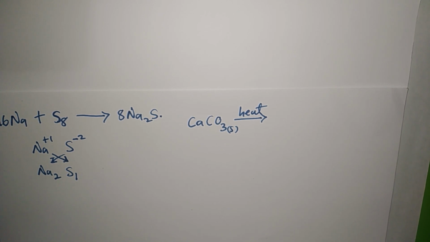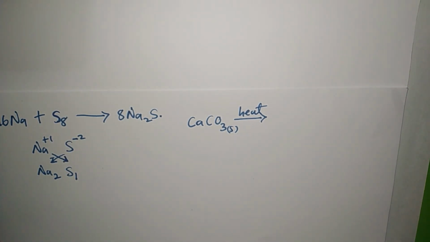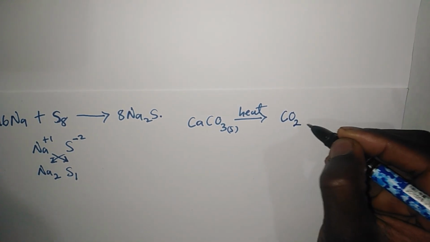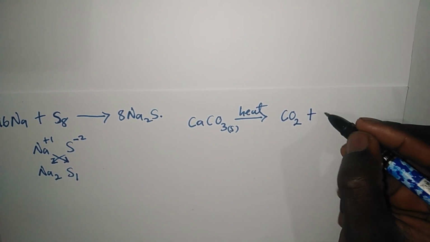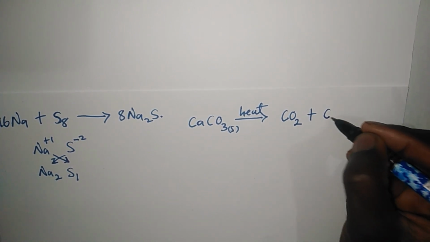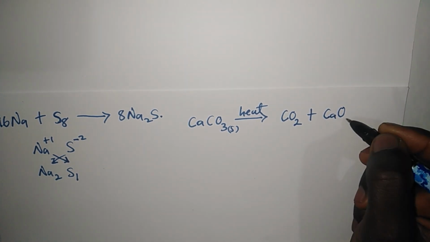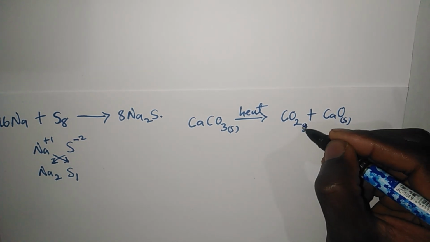So what will be left behind will be the metal oxide. So in this case, calcium is a metal, and now that it is heated, the volatile component will escape, and the volatile component is CO2. Then what will be left will be metal oxide, which is going to be what? In this case, we have calcium oxide, right? This will still be solid, and this that escapes is in gaseous form.